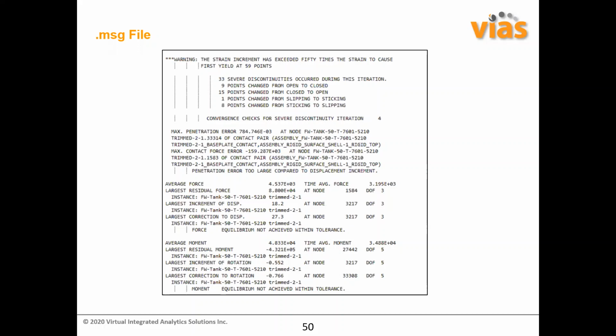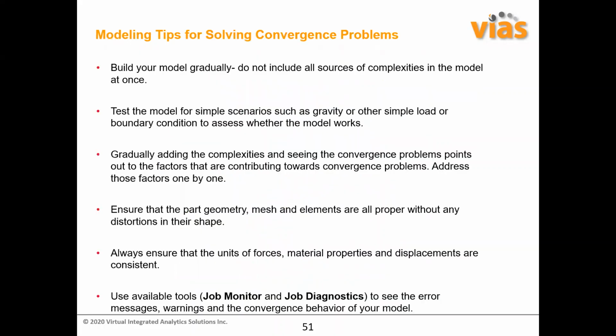This means it will either take some more iterations. You need to keep an eye on those iterations and see if your largest residual force is decreasing with the successive increments. If it is not, then probably the solution may not converge easily, or it may have some issues.